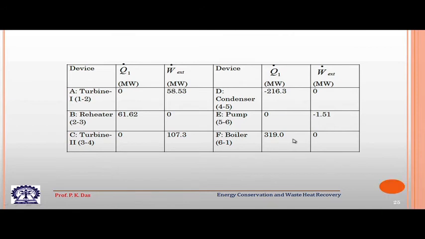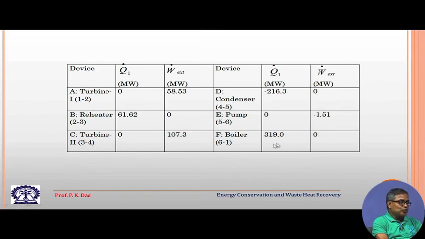Then we go to the boiler, and in the boiler there is heat transfer from 6 to 1. So, 319 megawatt amount of heat is added in the boiler. But total amount of heat addition, please pay your attention to this, is this one. First, in the boiler, the steam is heated and taken to the superheated condition for supplying it to the high pressure turbine, and again steam is heated in the reheater.